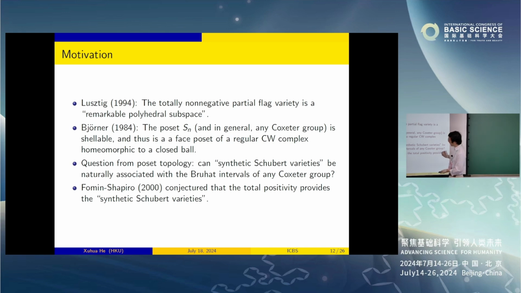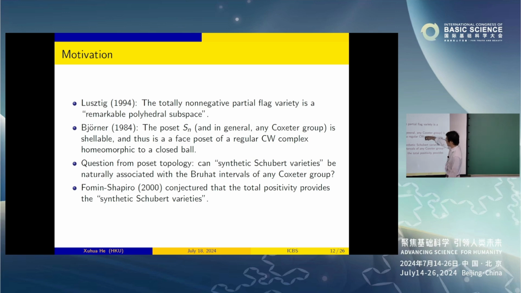But the important consequence is that shellable implies that this poset can be realized as the face poset of a regular CW complex homeomorphic to a closed ball. The question is whether or not this regular CW complex is artificial, or comes out naturally.